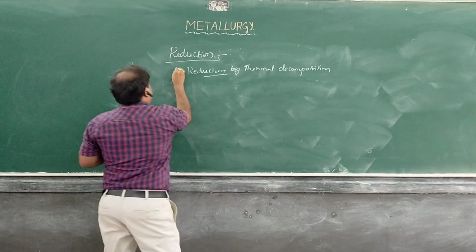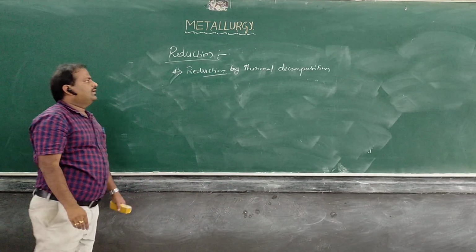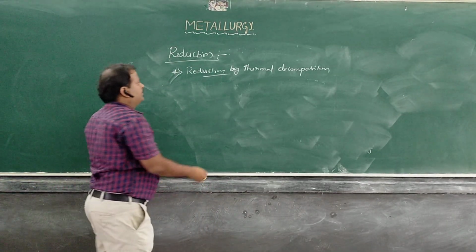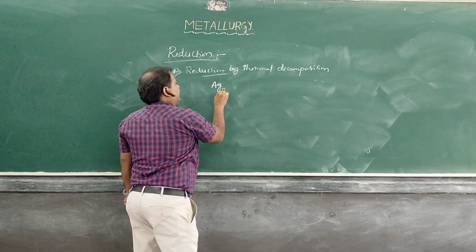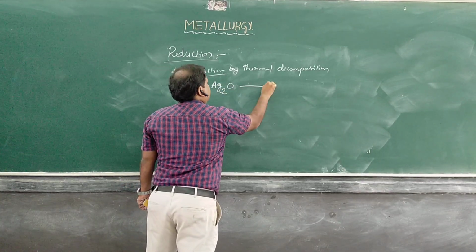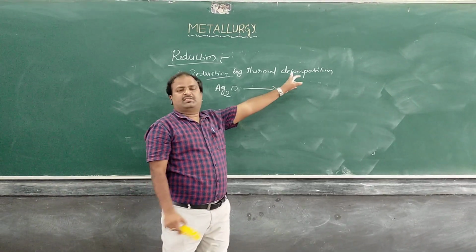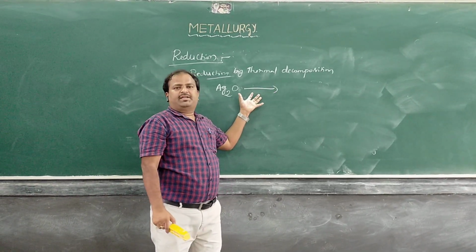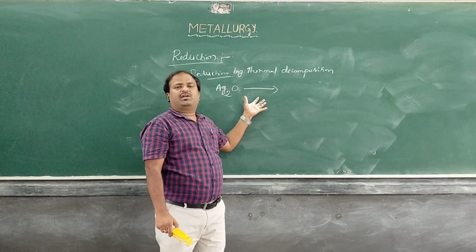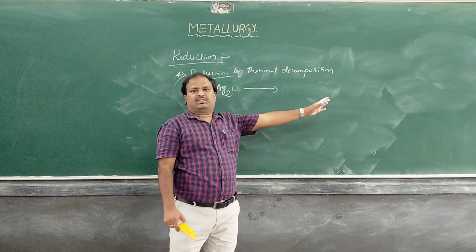Thermal decomposition is the fourth one. Here, silver oxide. As we know, thermal decomposition is nothing but a compound being heated to high temperature, and then it is broken into two or more products.